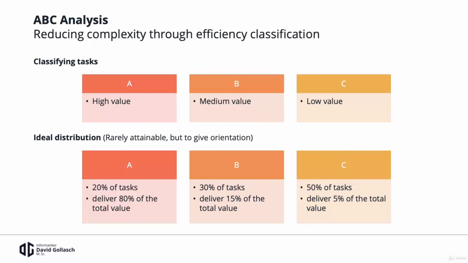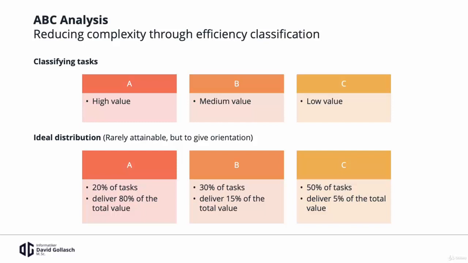Then the B and C distribution means that the C class comprises half of all the tasks, and they deliver only a minor fraction of the entire result. So half of all the tasks deliver only or are responsible for only 5% of the total value of the project. And the remaining 30% of the tasks should deliver as well, not a major part, but anyway, 15% of our total value.